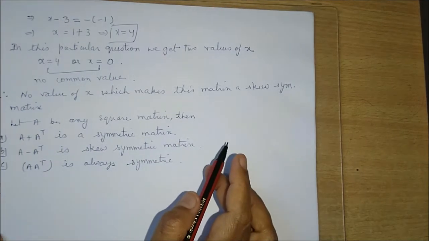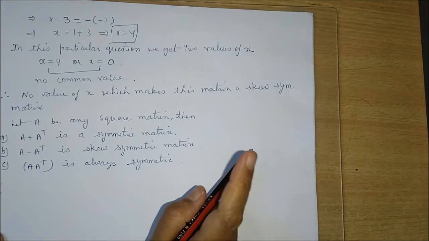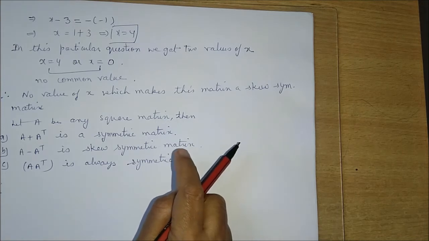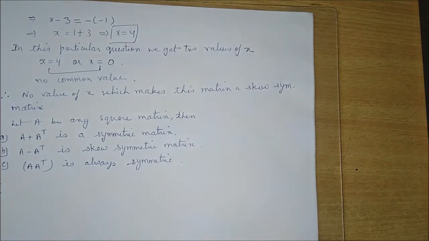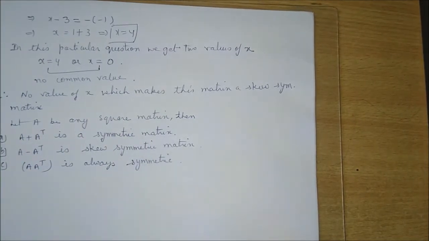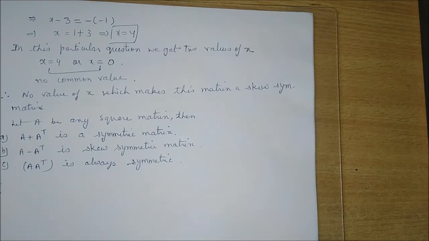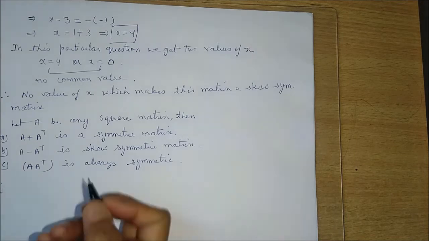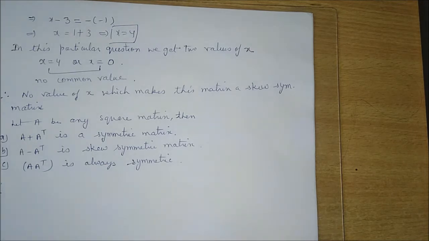We cannot prove it by using a particular example because it may be true for that particular example, but it should be a standardized result, that means a generalized result. Therefore we will not take any example, we will prove it in another way. Let us see in which way we have to prove it.